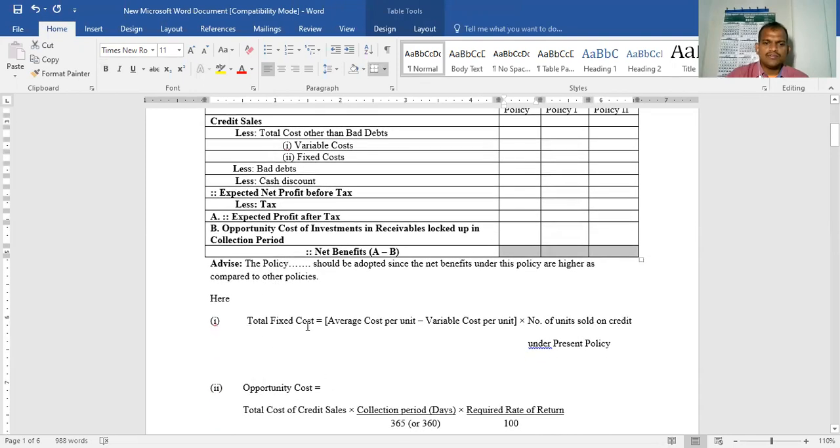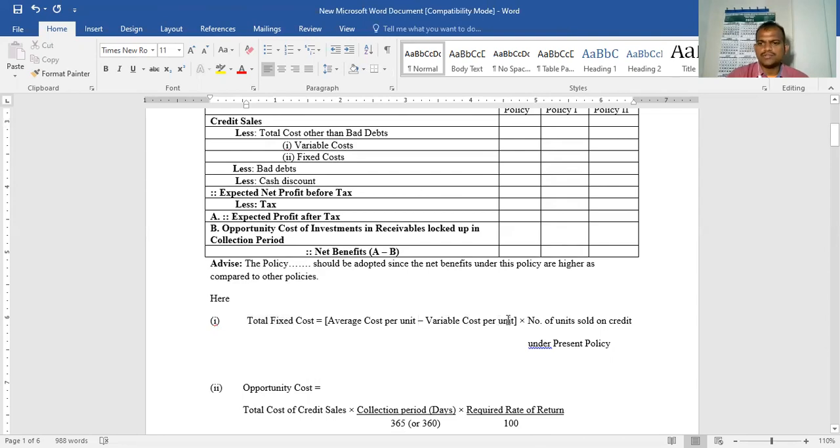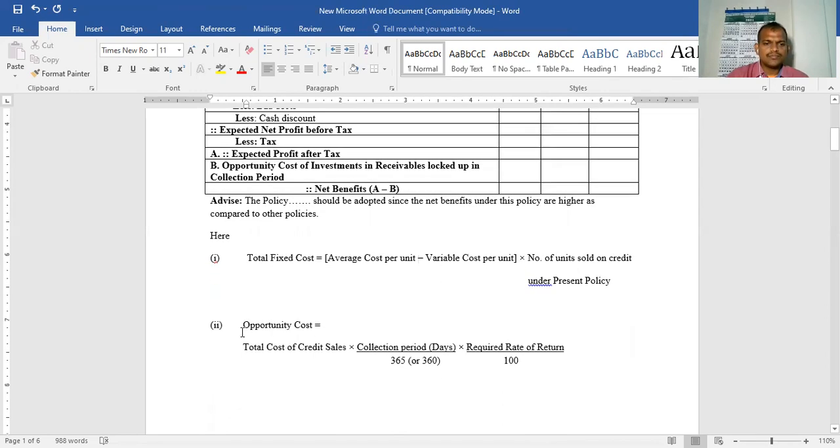So calculation of fixed cost: average cost per unit minus variable cost into number of units sold on credit under present policy.